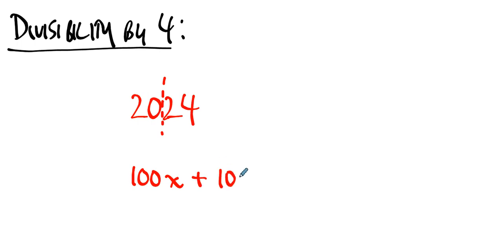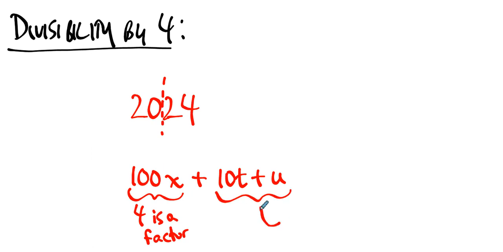And then there's the rest of it: 10 times whatever's in the tens place, and then the units digit. 4 is a factor here. 4 does divide 100. So the question is, is 4 a factor there? In this case, yes. In this case, no.